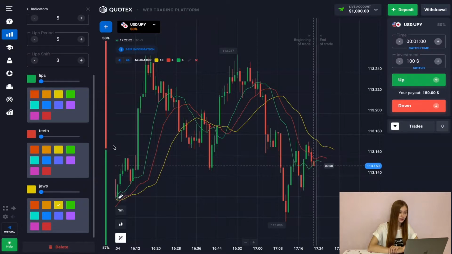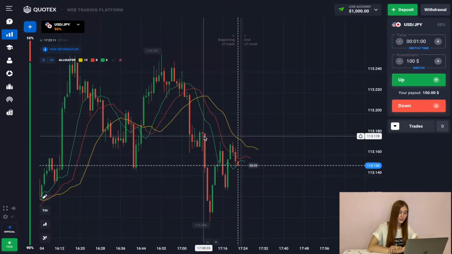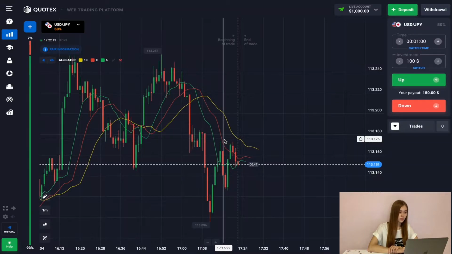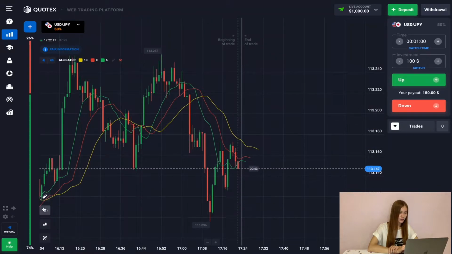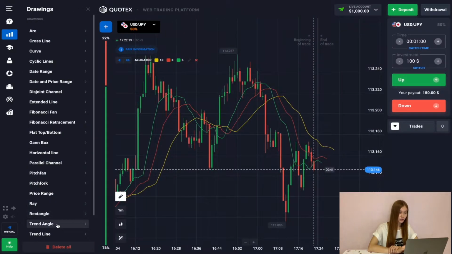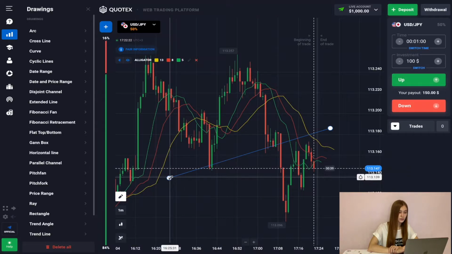Now let's look at how the alligator is used. Here we see that we start to open channels on this line. Here we start a downtrend at this very point.